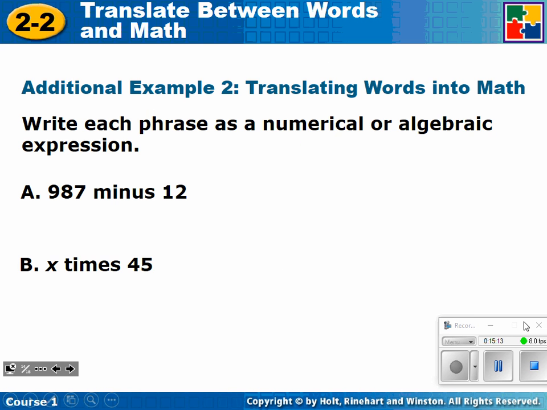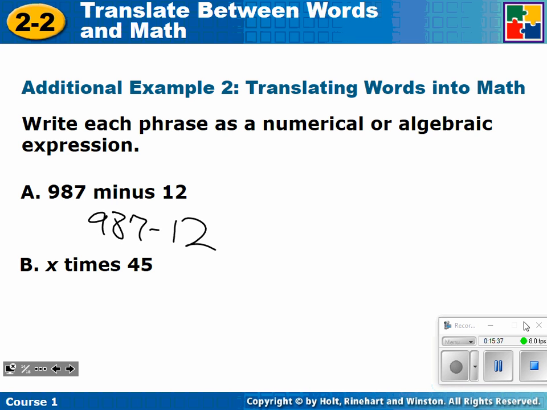Okay? So, you're going to have problems like this. It says write each phrase as a numerical or algebraic expression. So, you're going to do this. 987 minus 12. It's that easy. It doesn't even say solve it. You don't even have to solve it. It just says write it as a numerical or algebraic expression.